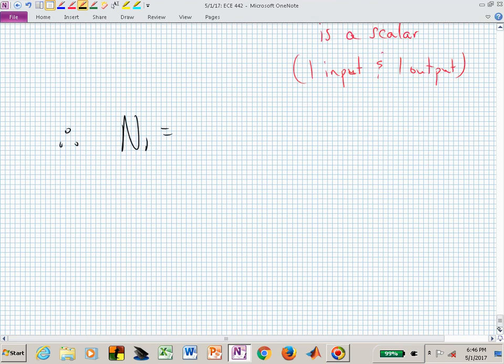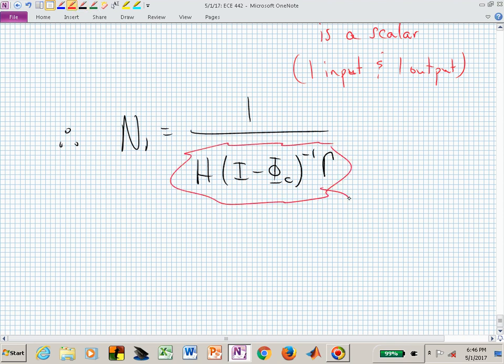Or n sub 1 is now 1 over H I minus phi sub c inverse gamma, where this is a scalar. And that's how we would pick n sub 1, to have good tracking.